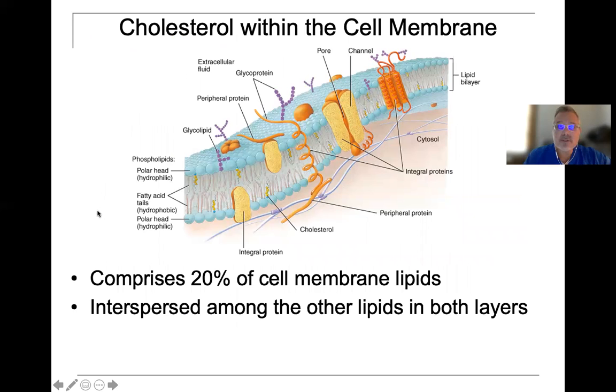Okay, the cholesterol that's within the cell membrane makes up about 20%. And this brings up an interesting topic: if cholesterol makes up 20% of the cell, then what happens to cells if someone's on an anti-lipidemic or anti-cholesterol medication? It does have impact on the integrity of all cells.